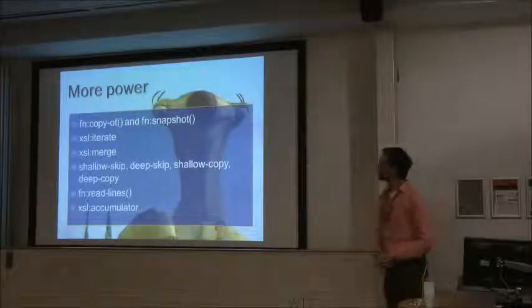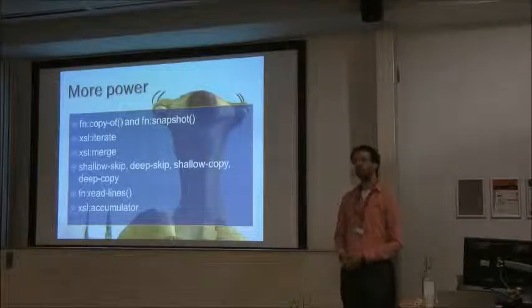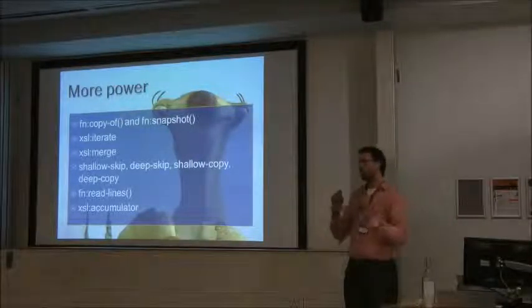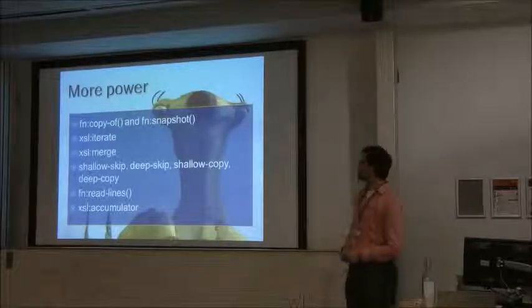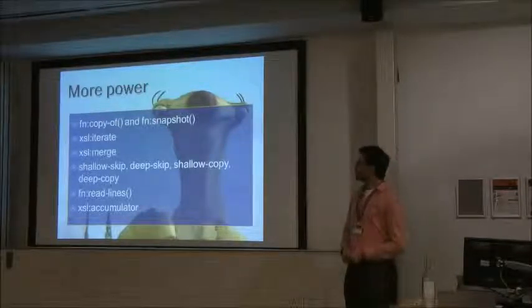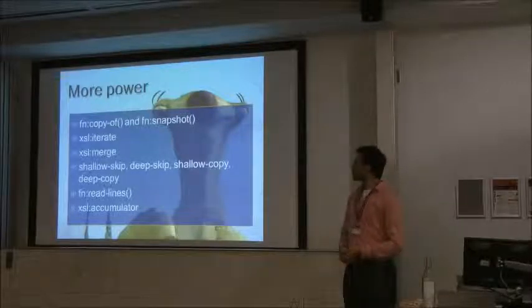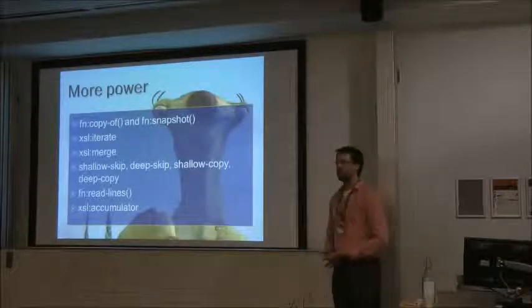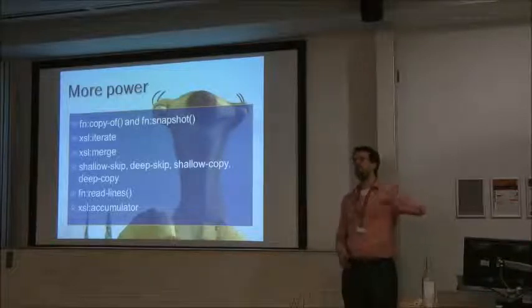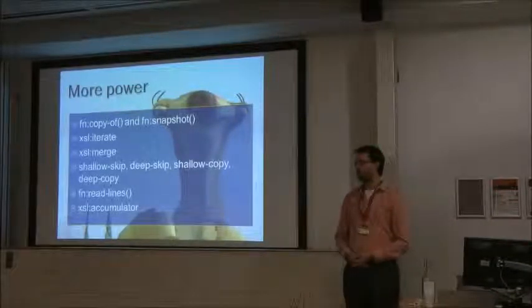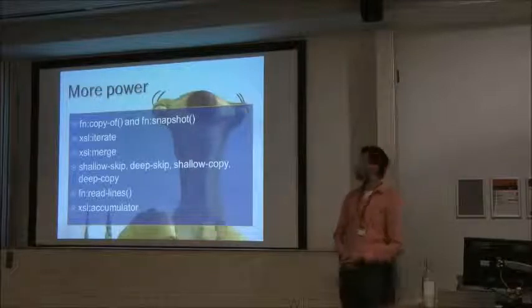Iterate. It's a bit like for-each, but it allows you, inside the iteration loop, to change variables. And what's more, it allows you to break out of the loop. In for-each you have to go over all the elements, which can be quite time consuming.